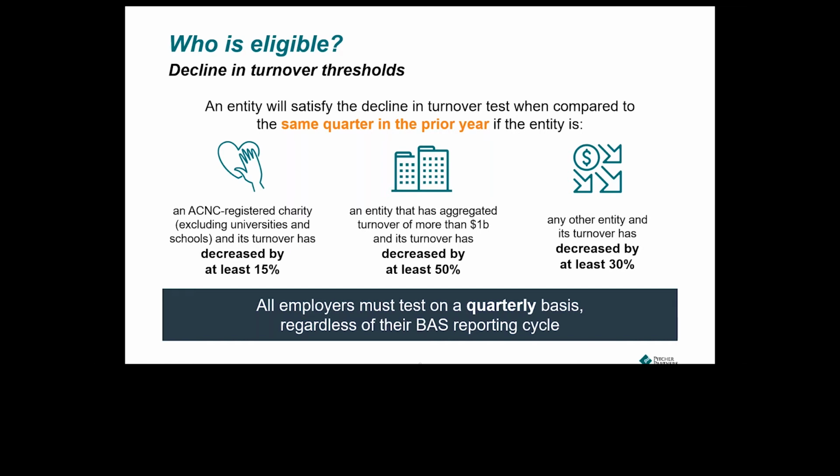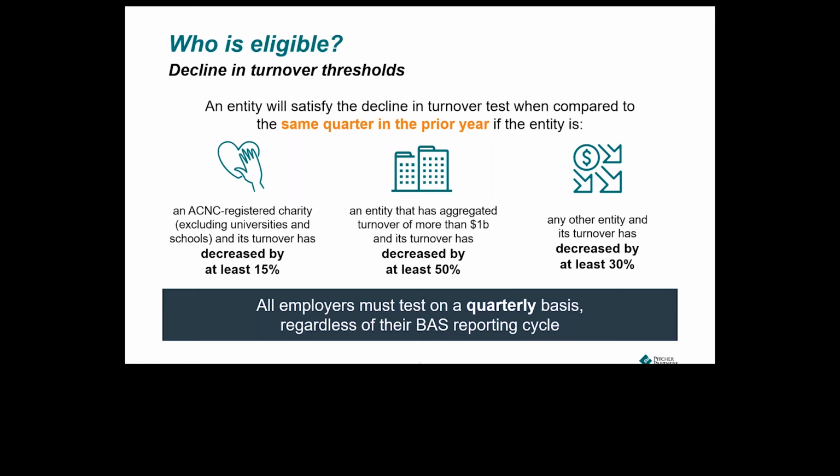So in respect of an ACNC registered charity, excluding universities and schools, the relevant threshold is a decline in turnover of at least 15%. For entities that have an aggregated turnover of more than $1 billion, the relevant threshold is a decline in turnover of at least 50%. And for all other entities, the relevant threshold is a decline in turnover of at least 30%.